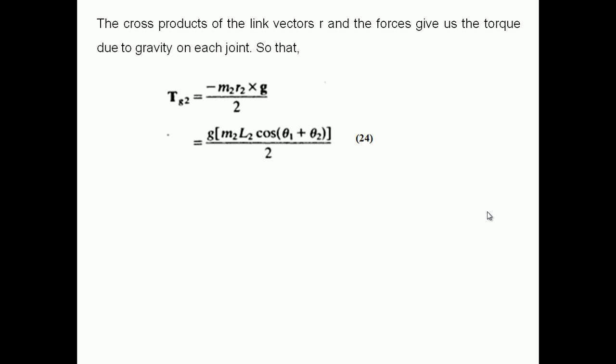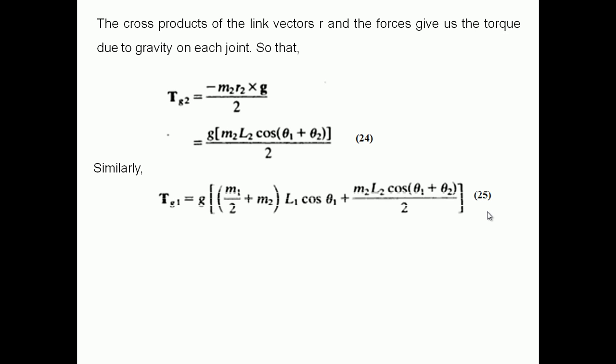So Tg2 is equal to minus R2 cross m2 G by 2. You have to know why it is minus. I'll go through the free body diagram and you will understand why. So that is equal to G m2 L2 cos(theta1 + theta2) divided by 2. This is the equation of Tg2.